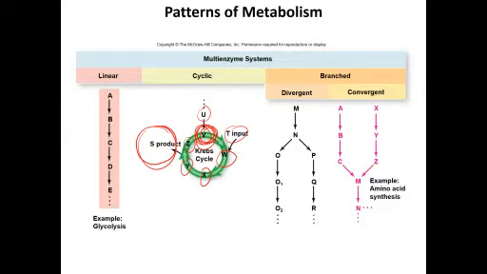Here you have a branch chain. Your branch chain can be either divergent or convergent. If something diverges, if you're trying to divert something, you're going in another direction.